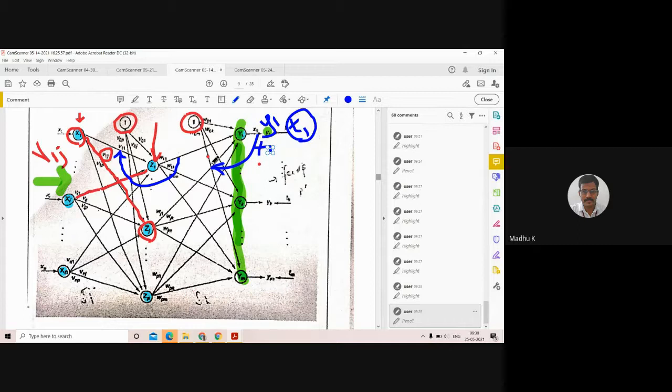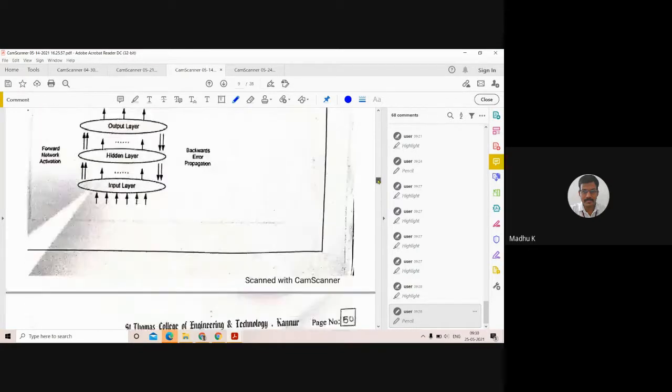First it is back propagated and we find the change in weight, then it is back propagated to here, and we find the change in weight. That is the back propagation phase. The last phase is the weight updation phase. Based on the change in weight, we calculate the final weights.